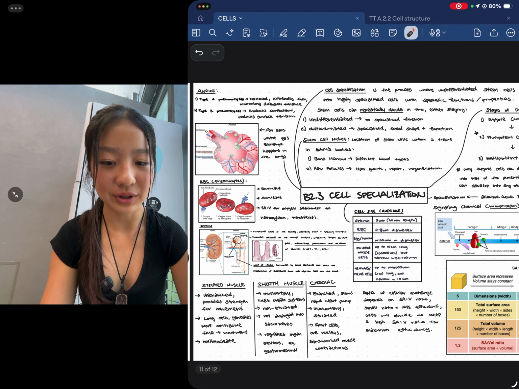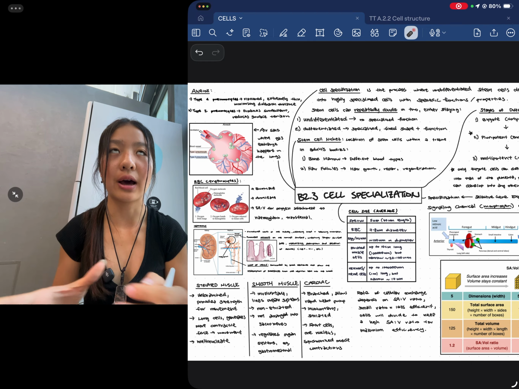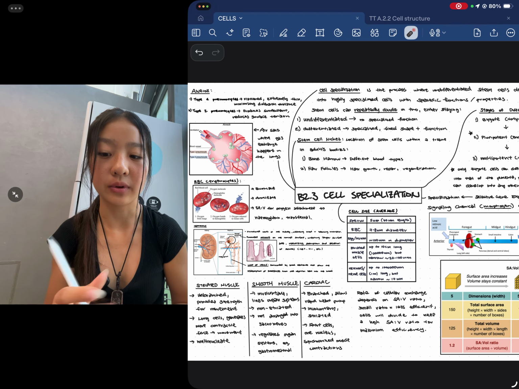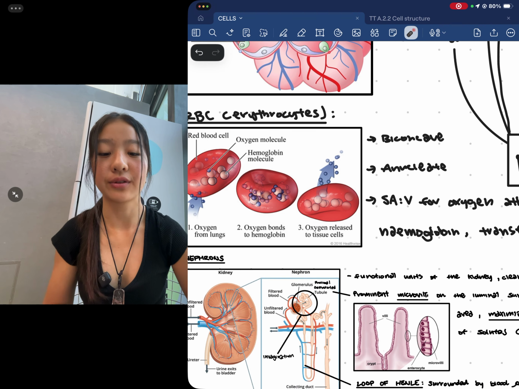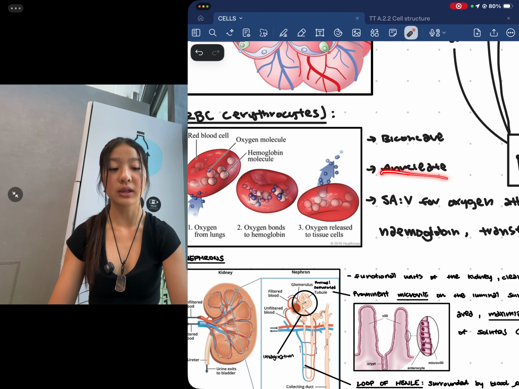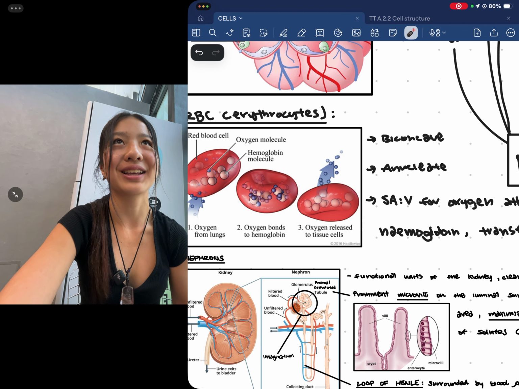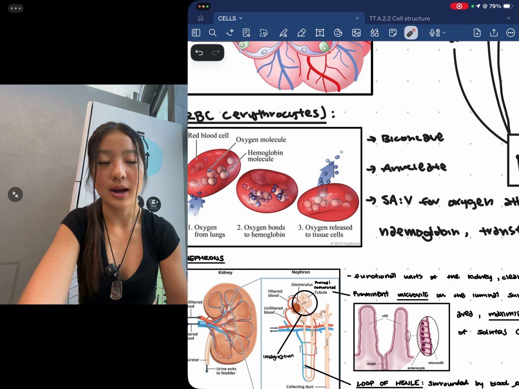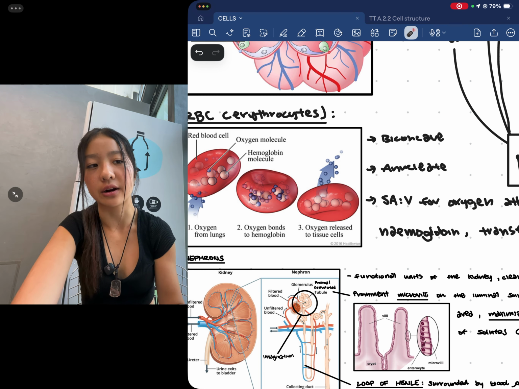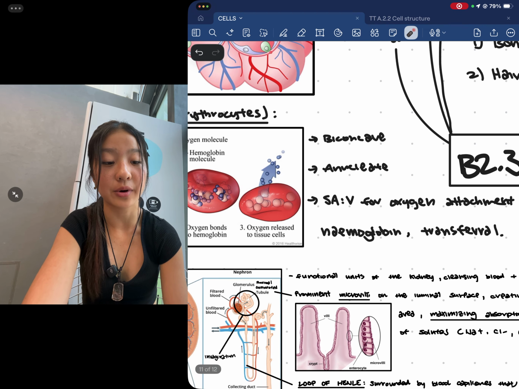And this is all part of the HL syllabus, but we're going to start off with adaptations of certain cells to maximize their surface area to volume ratio. So the first one I have is erythrocytes, or red blood cells, and they have a biconcave shape with no nucleus, because not having a nucleus means they have more space within the cell to attach more oxygen molecules onto it, because the function of a red blood cell is to carry oxygen to muscles and tissues around the body.